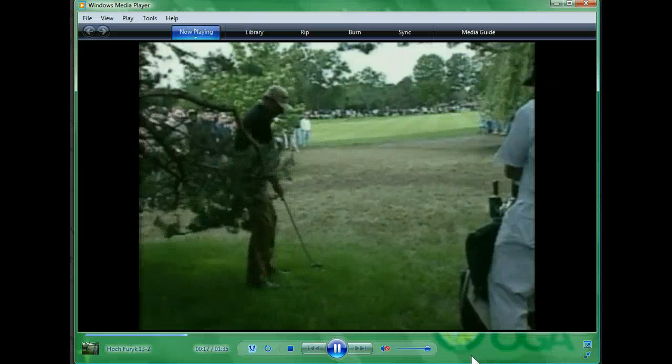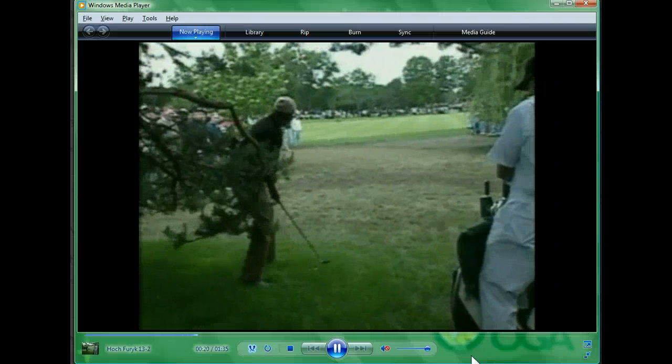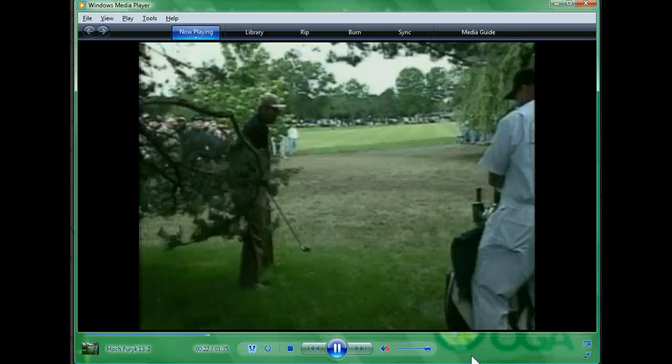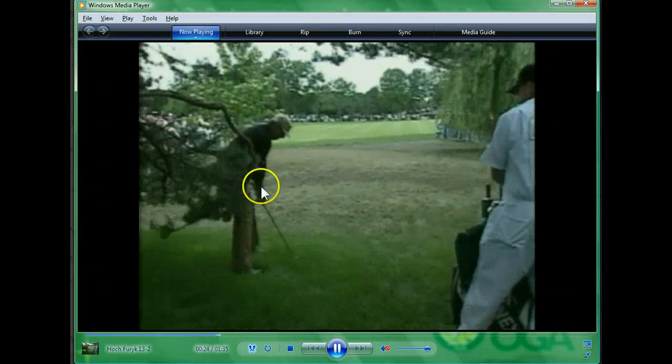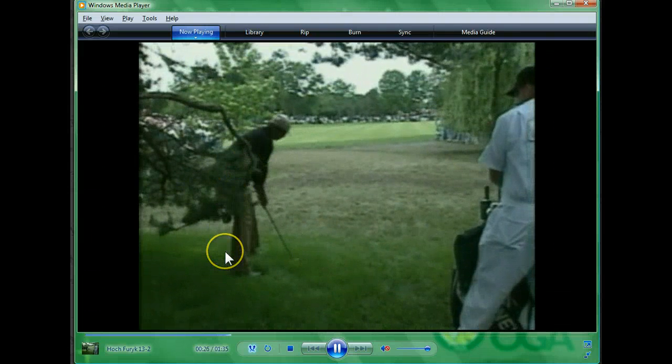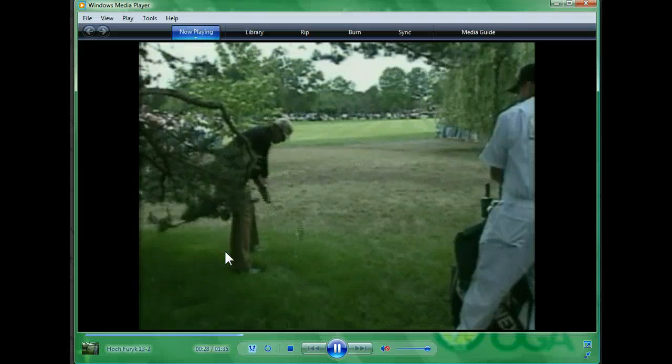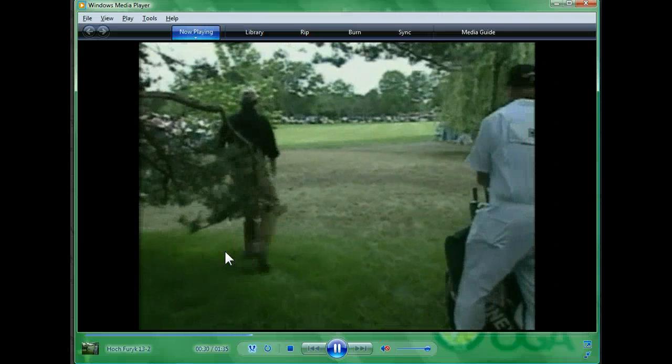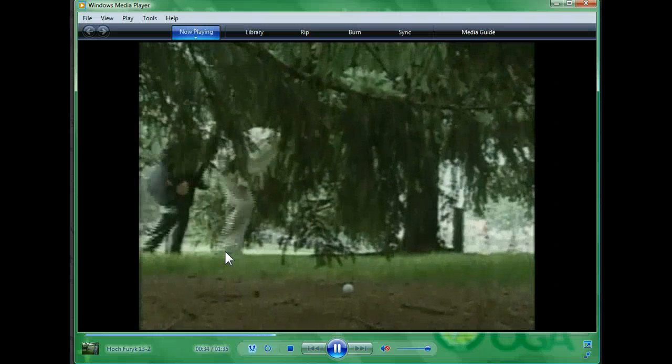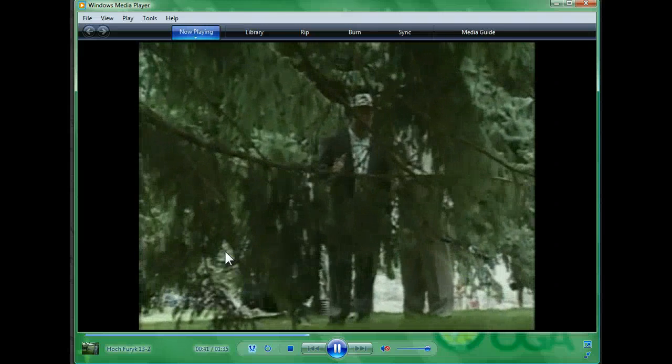Hopefully you can see here that he is clearly not taking the least intrusive course of action. He's moving the tree a lot more than he needs to. He's actually going to tuck that little branch in behind the tree as well, and he's going to play pretty much an uninhibited shot. Okay, that would be a two-stroke penalty in stroke play or a loss of hole in match play because he didn't find the least intrusive course of action. And that basically means he didn't fairly take his stance.